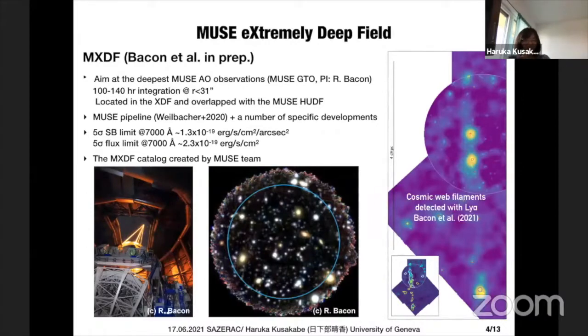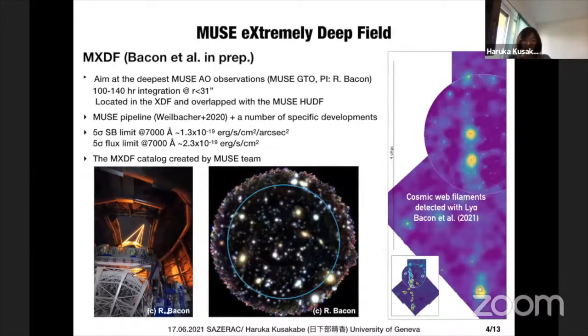The data reduction is based on the MUSE pipeline with a number of specific developments and improvements. The surface brightness and flux limits are like these values, and thanks to the unprecedented depth of MXDF, in Bacon et al. 2021, we detected a cosmic web filament with Lyman alpha.